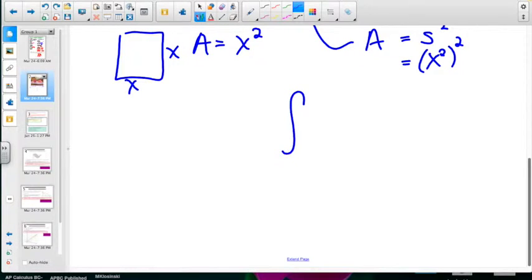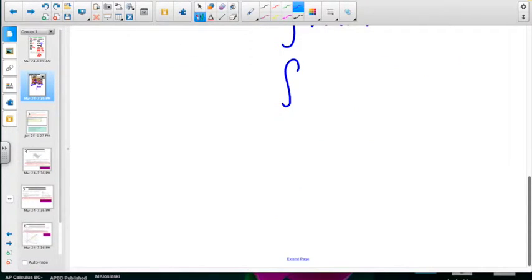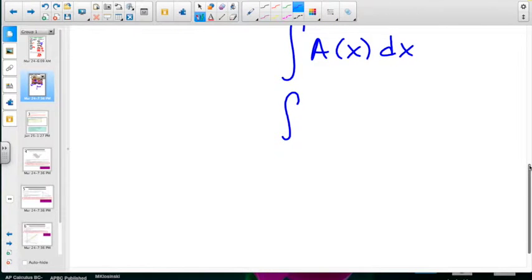So if we're just going to accumulate all of those areas across the x-axis, then our integral is going to look like what, to find the volume of that solid? What's our area function?